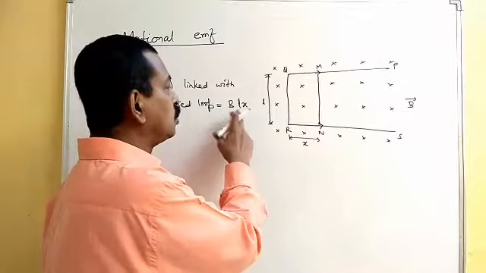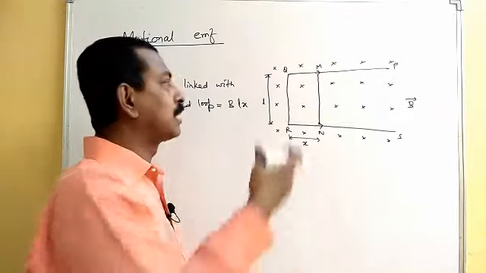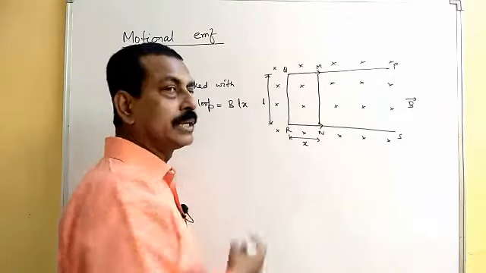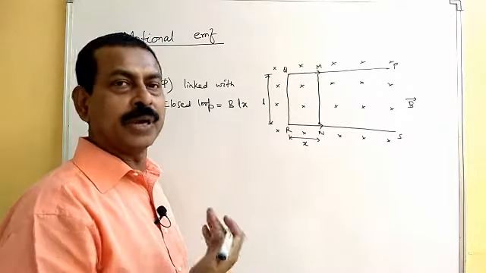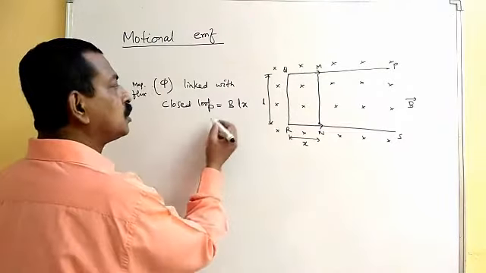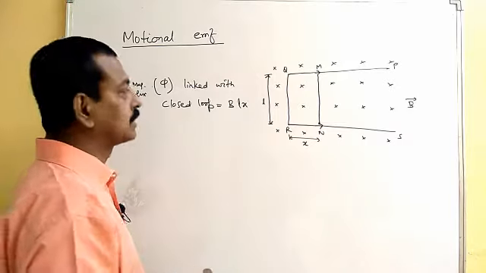The angle between the magnetic field and the vector area is 0 or 180, whatever you can take. So this is BLx.